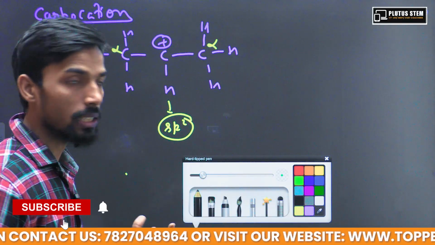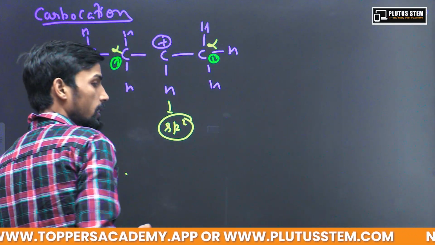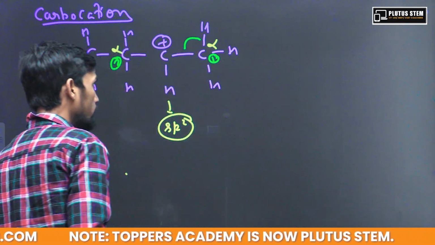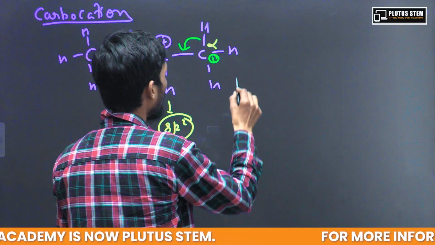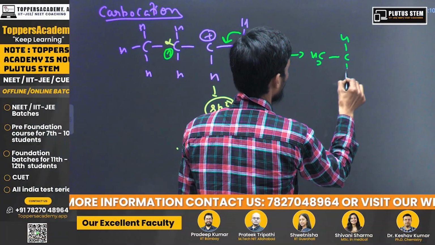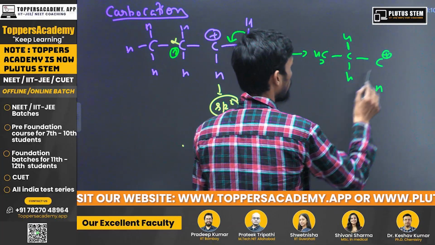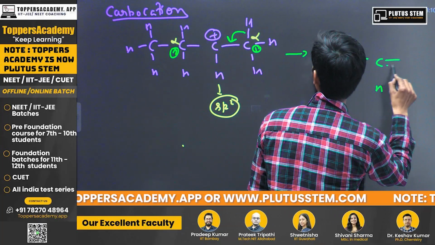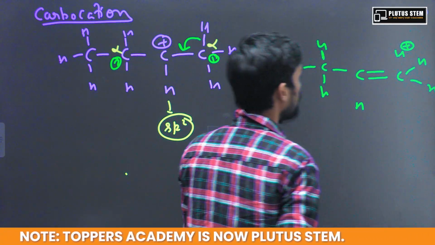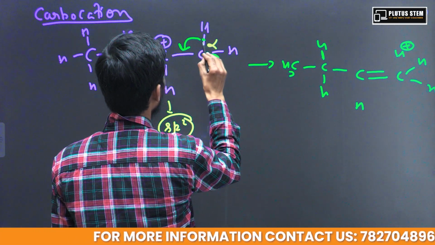To get this positive charge stabilized, this carbon 1, and let's say this is carbon 2, asks its hydrogen to donate one electron to this carbon because it is having a deficiency of electron, and we are going to get a result like this: CH3, CH2, C positive, sorry, double bond, H positive.